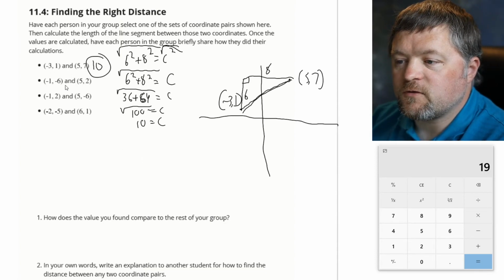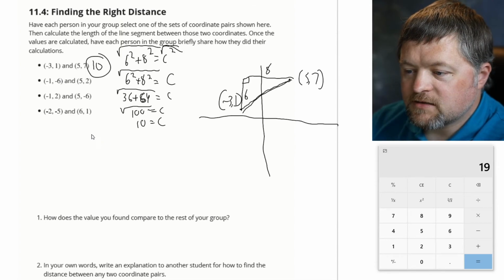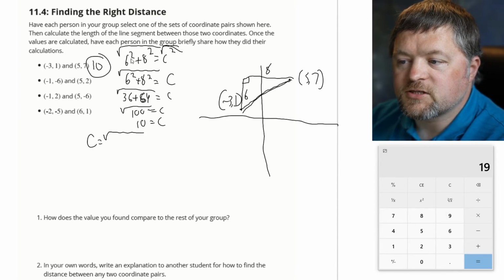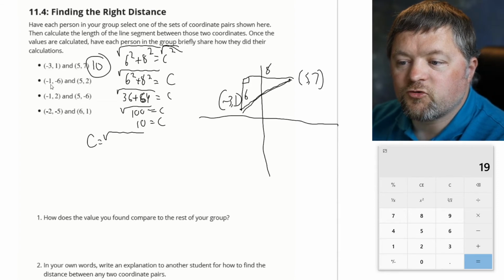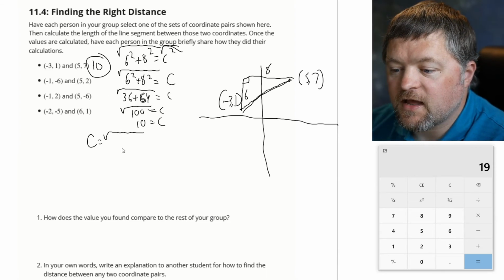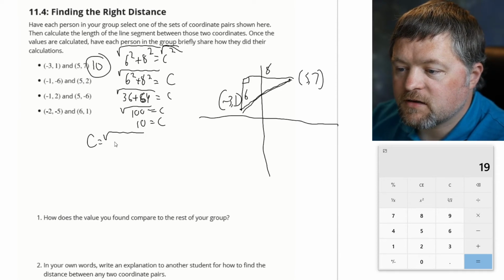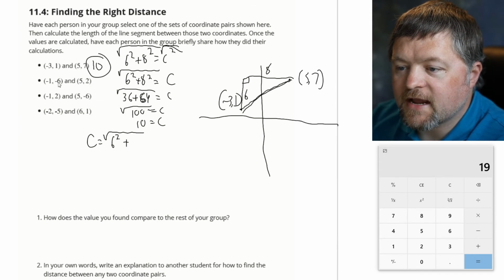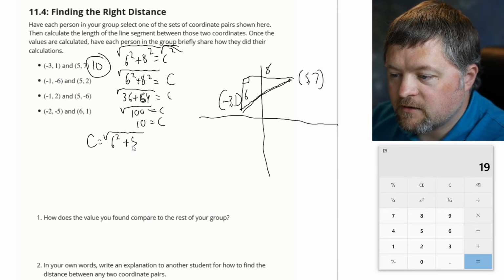Now for our next one, c is going to equal the square root of the square of those two distances, but those two distances we get just by subtracting our y values and then subtracting our x values. 5 subtract -1 is 6. 2 subtract -6 is 8.